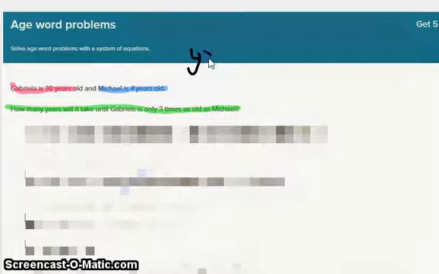So y is going to equal number of years because we don't know what number of years it would be till they are only 3 times as old. And y makes sense because of years. That's what it's asking for us in the question. It says it right there.